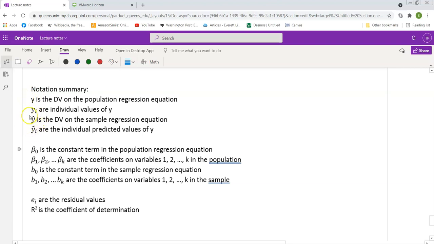And then the same thing for our sample regression equation: the y value from that equation and then the individual predicted y's. We've got our slopes and our y-intercept for the regression equation in the population and the sample. E for error, these are our residual values. And then we've got our r squared, the coefficient of determination.